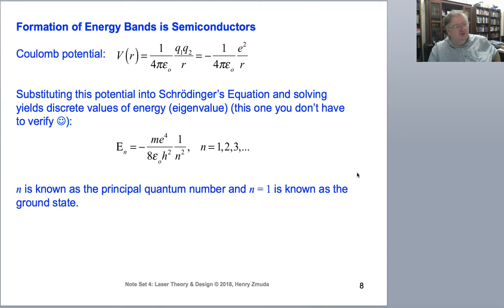I'm not going to ask you to show that, but perhaps you remember the energy levels of hydrogen. It was an important result that you got in chemistry, found to be this value, E sub n. Again, the energy levels are discrete, and they start with n equal 1.